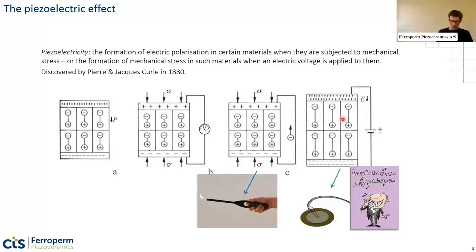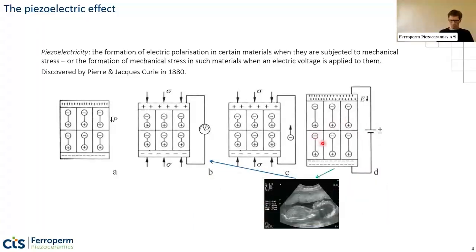There's yet another example here, much more advanced, where you use the piezoelectric effect in two ways. You use first the converse and then the direct effect. In this case, the application is baby scanning, generally medical imaging by ultrasound.